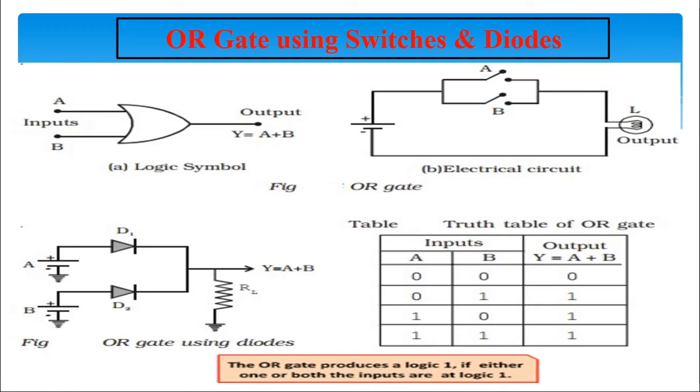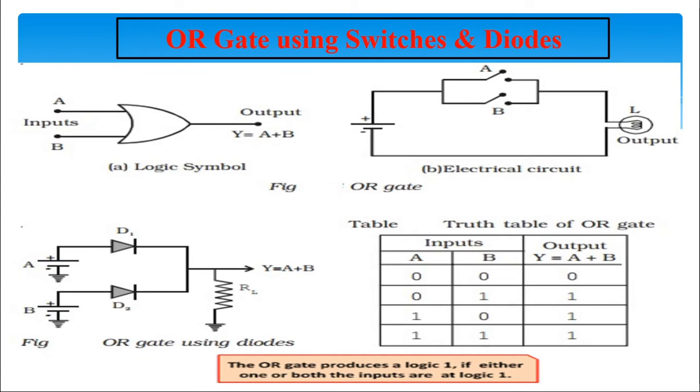When A is low, that means connected to ground, and B is high, as shown in the truth table, A equal to 0 and B equal to 1. That means B is connected to the positive terminal of the supply and A is connected to ground. Then diode D2 is forward bias and D1 is reverse bias.